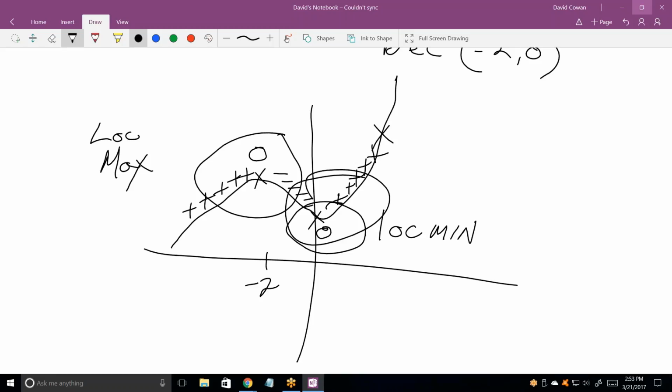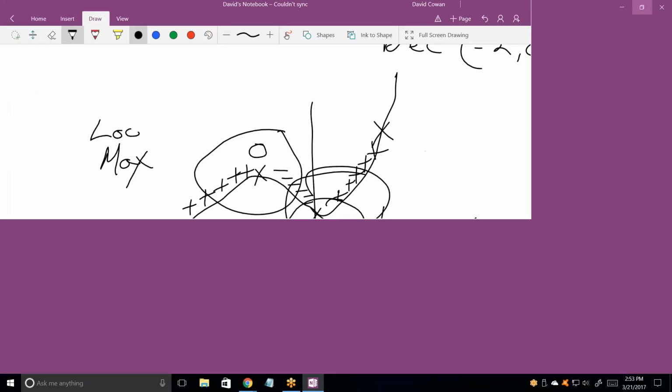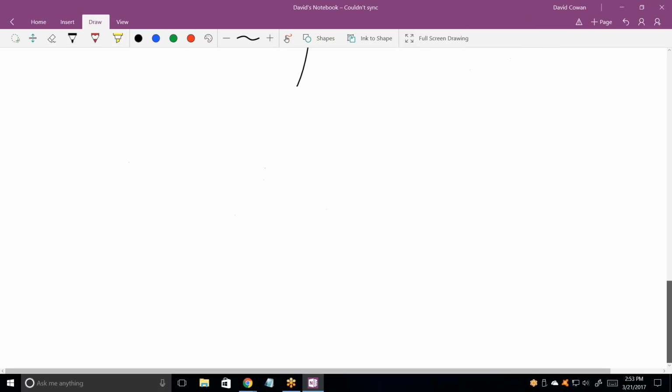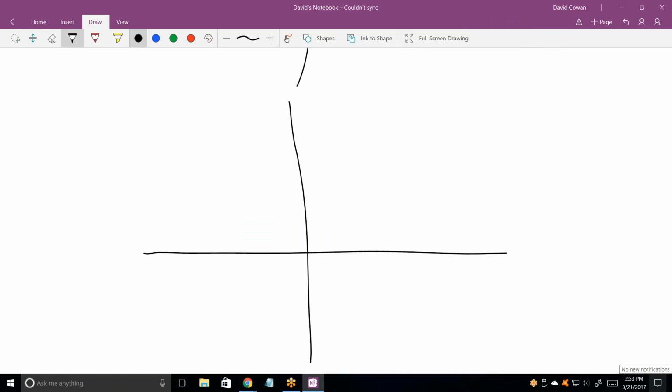Here, let me give you a different function just to explain this a little better. This function is y equals x cubed. Notice that it does not have a local minimum or maximum.